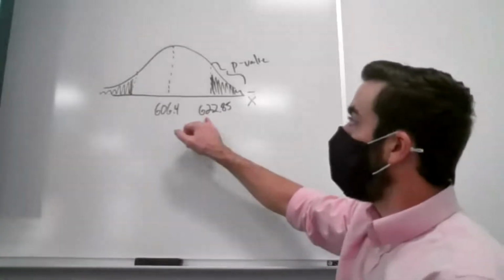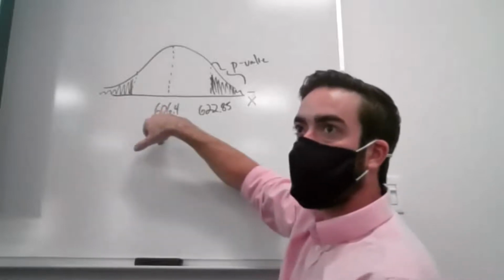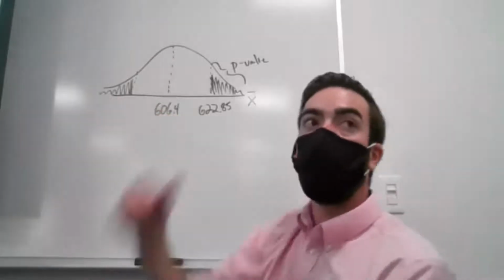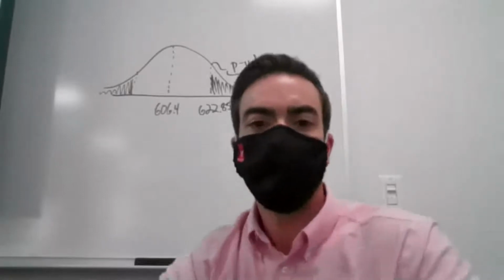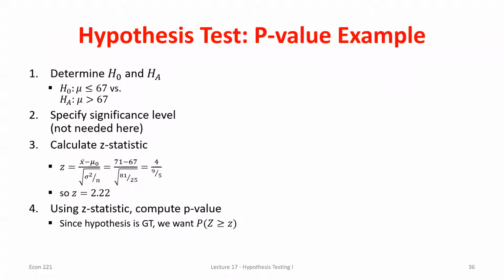Now before, in the other example we had, when the null hypothesis was less than or equal to, if instead of 71, I had found 63, it would have been equally as likely for me to see 63 as it was to see 71. However, if I had seen 63, that didn't go against my null hypothesis.